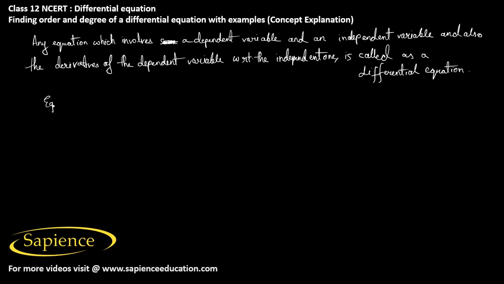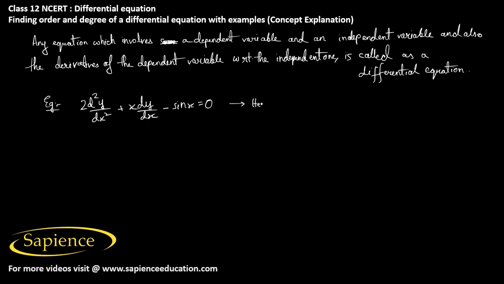For example, suppose we have the equation 2 d square y by dx square plus x dy by dx minus sine x equals 0. Here it involves the second order derivative of y with respect to x.